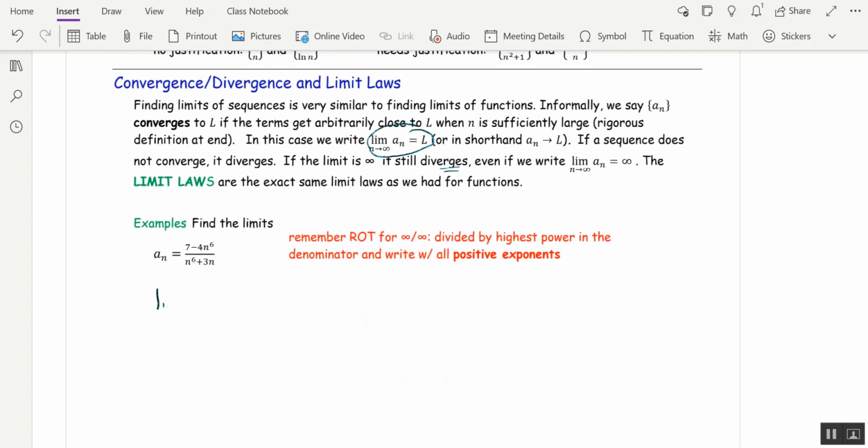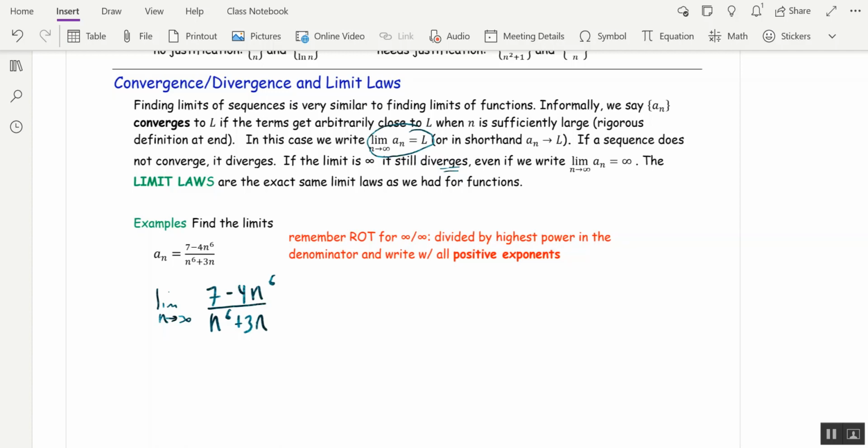We want the limit as n goes to infinity of this sequence here: 7 minus 4n to the 6 over n to the 6 plus 3n. Well, if I just let n go to infinity, that's negative infinity over infinity. That's a do more work.